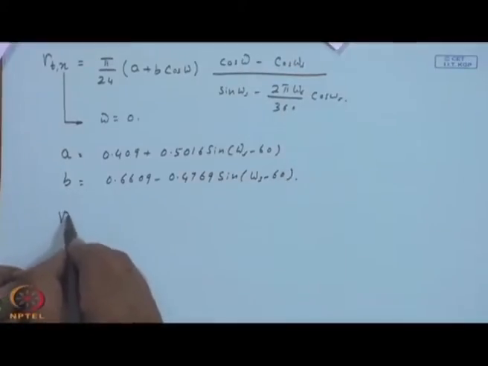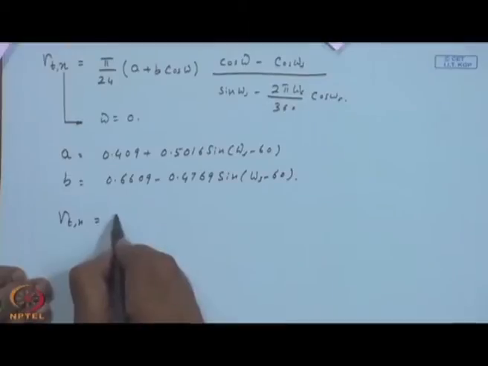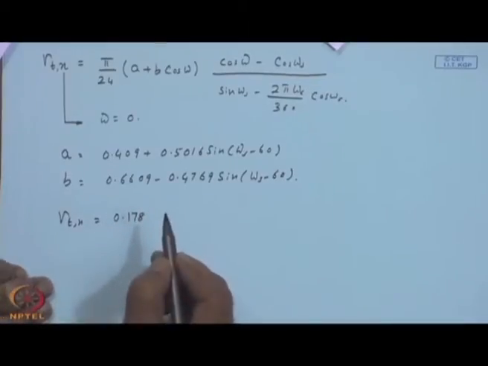So, if you calculate, r T n will be 0.178.